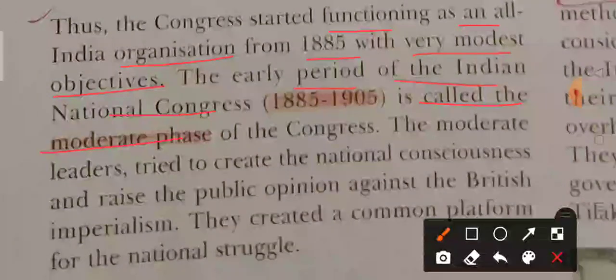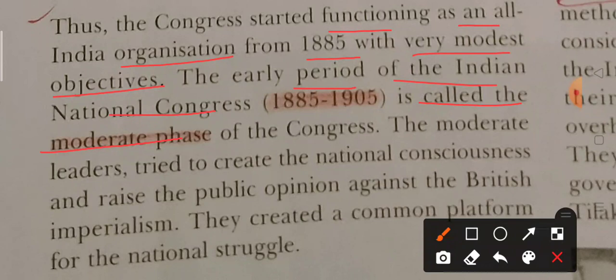So what is the moderate phase? The time between 1885 and 1905 is the time of the moderate phase. The meaning of moderate phase is liberal ideology, an ideology that is not against British rule.